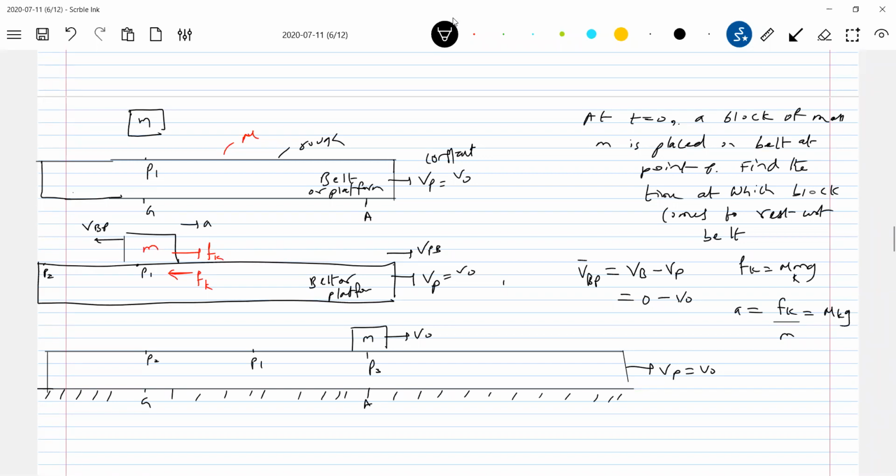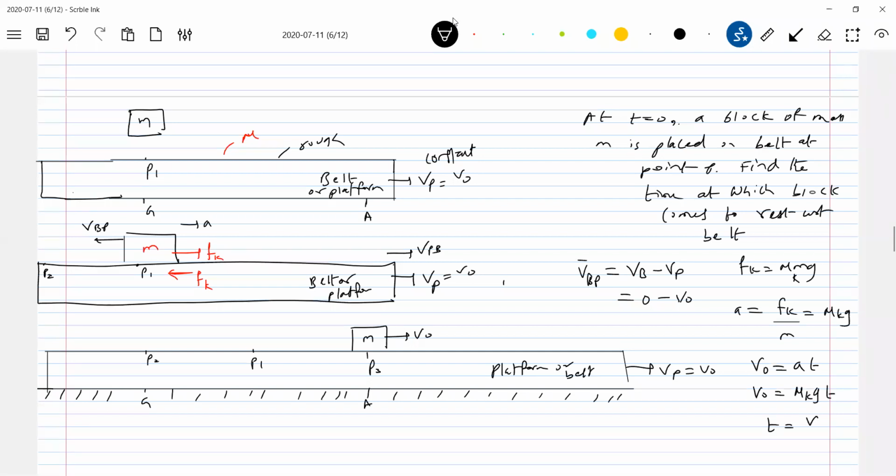We know the acceleration. V naught is given, finally. It will acquire the velocity of the platform finally, so V naught should be equal to A into T. A is mu k g, so V naught equals mu k g into T.